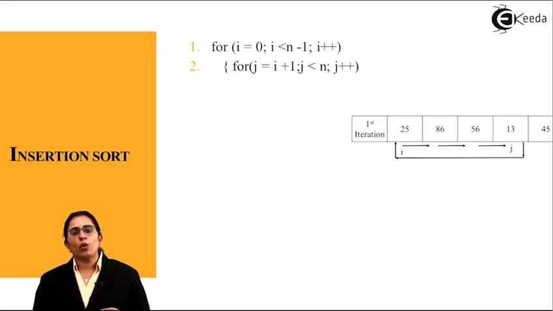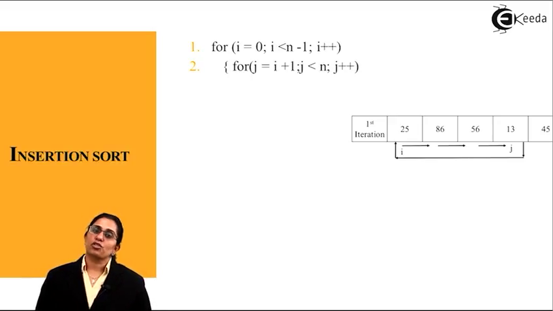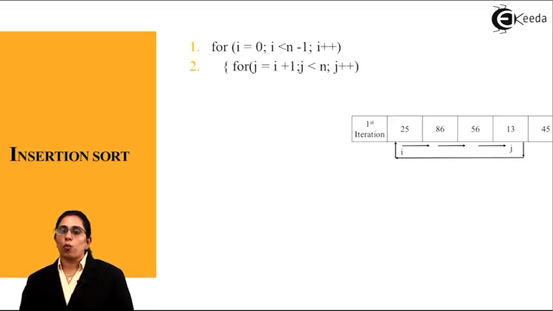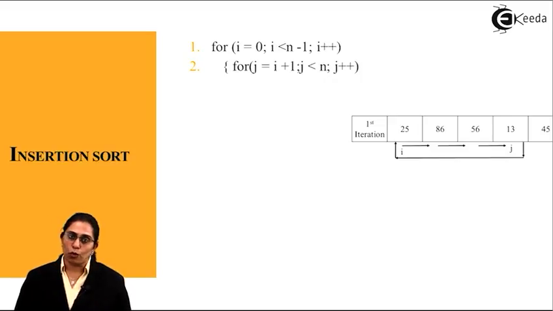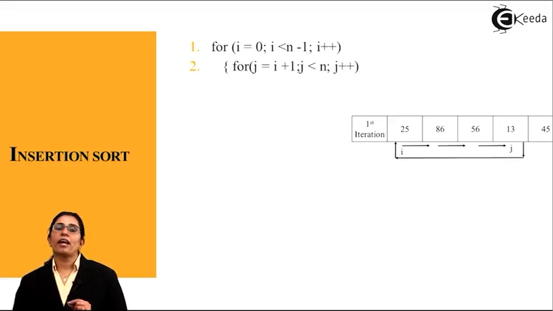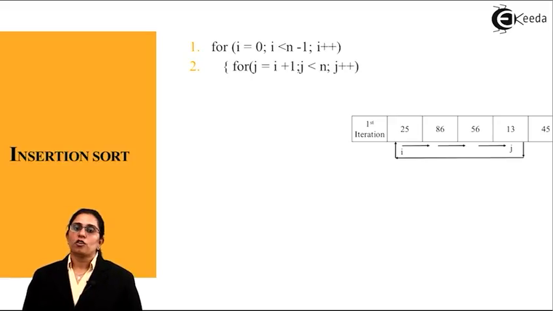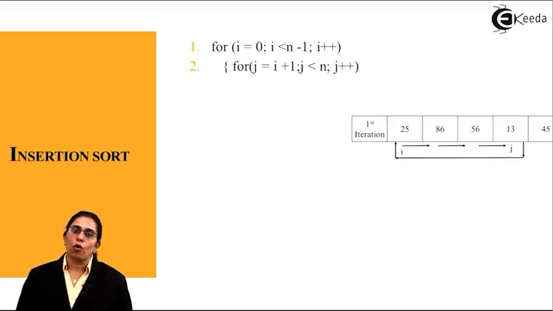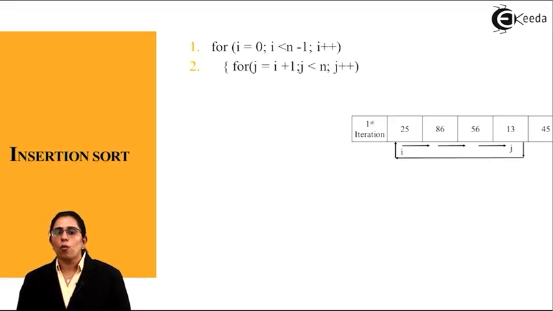So we have to always take the next loop, which has to start from I plus 1. In our case, if I is at a location of 0, I plus 1 will be at a location of 1. So we'll compare the elements at the index location 0 with the index location 1.